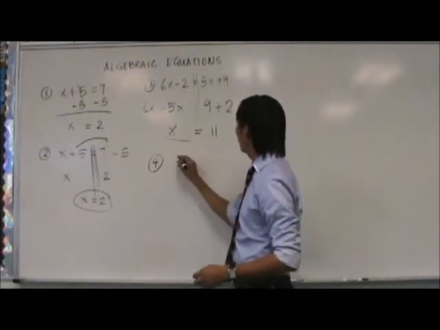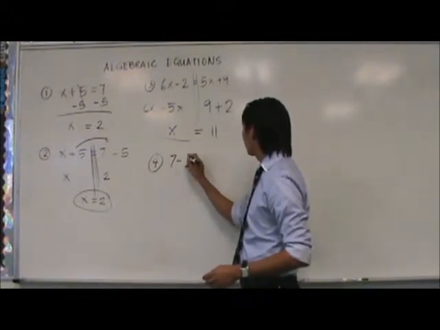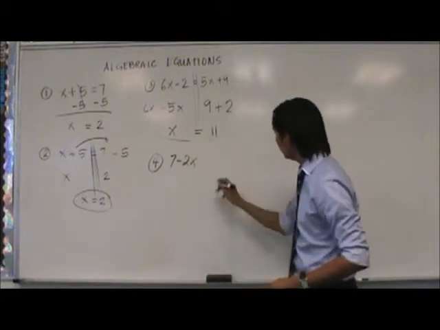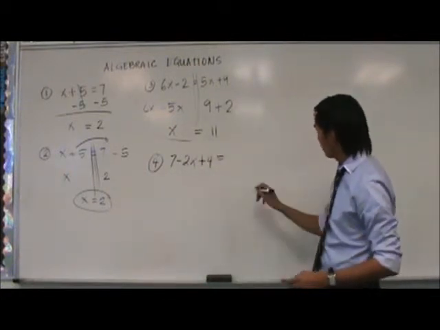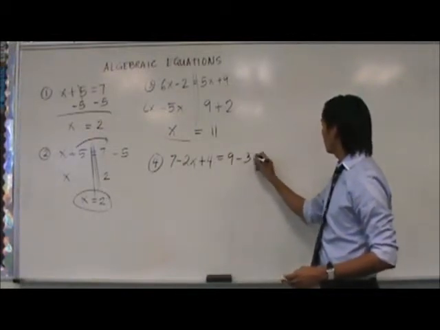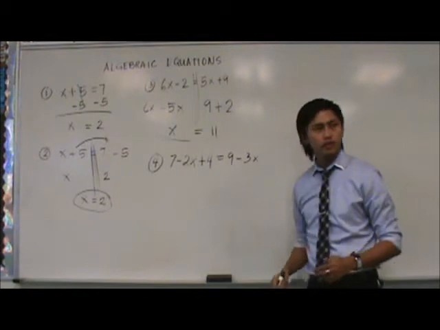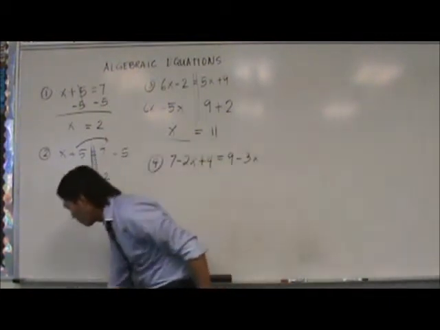How about if you have, let's say, 7 minus 2x plus 4 equals 9 minus 3x. Once again, we're going to draw a bridge.